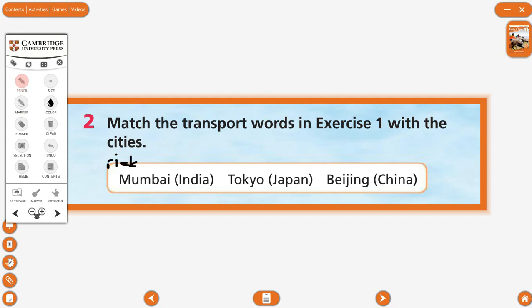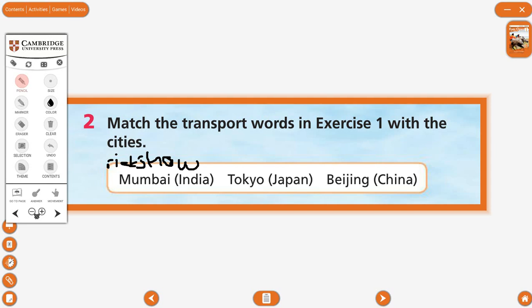They use rickshaw most. I can't write very well, but you can understand. Or you can write tuk-tuk.